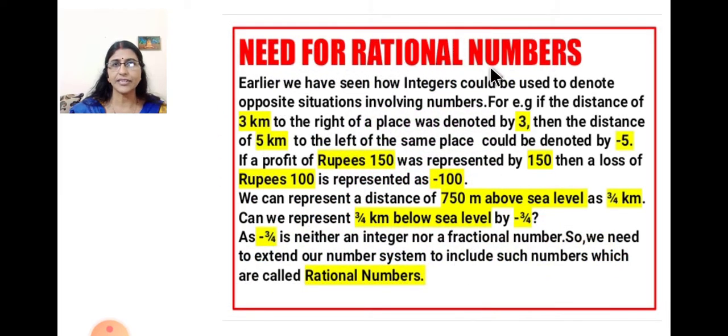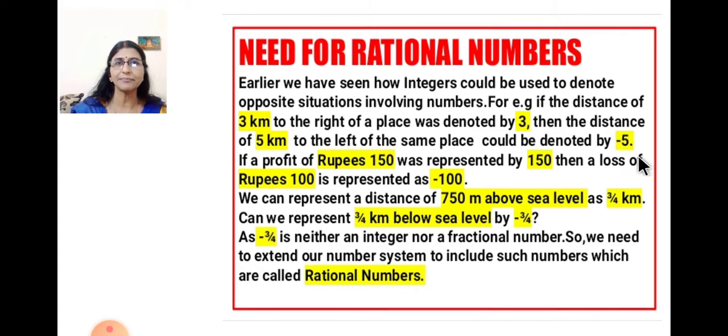Need for rational numbers. Now we will understand why there was a need for rational numbers. Earlier we have seen how integers could be used to denote opposite situations involving numbers. For example, if the distance of 3 kilometers to the right of a place was denoted by 3, then the distance of 5 kilometers to the left of the same place could be denoted by -5.